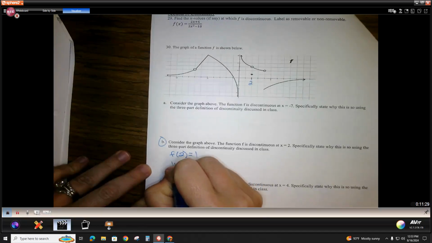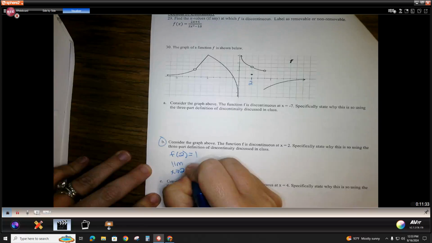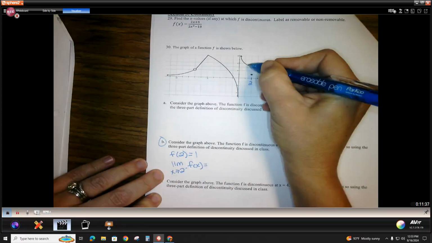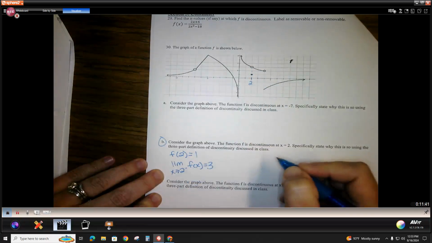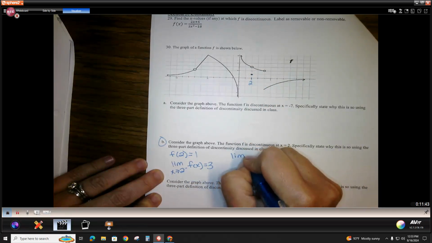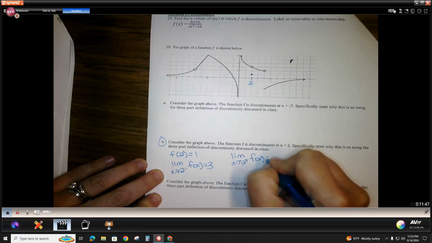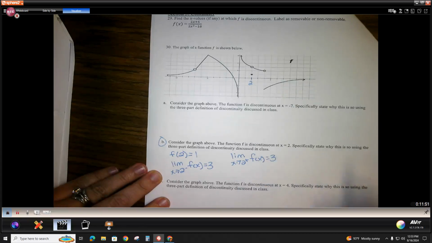Part 2 is, as x approaches 2 from the left of f of x, that is 3. And the limit as x approaches 2 from the right of f of x is 3. So yes, the limit does exist because from the left and the right they match.